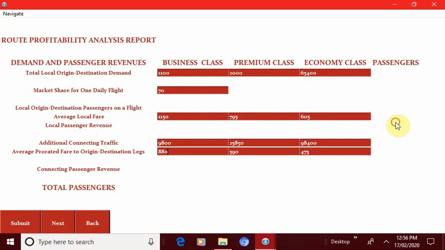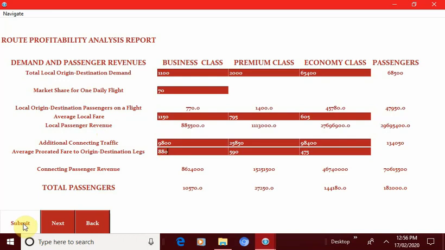So here I click the submit button, and these are the figures coming. This is the total number of passengers for the different classes, and total number of passengers is this. The connecting passenger revenue is this, for each class is this, and the total is this. The local passenger revenue is this. So this is the first screen, and then let's move to the next screen.